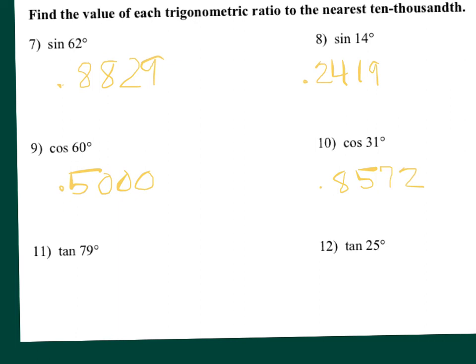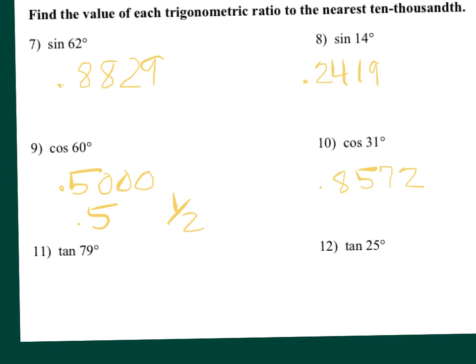I guess if they wanted it to the nearest 10,000th, we could put the zeros in. I'd be fine without the zeros, so either 0.5000 or just plain old 0.5 is cool by me. If you're a fraction buff, go ahead and give me a half, and I'd be even happier. For 31, 0.8572 for the cosine would be the ratio of the adjacent to the hypotenuse.